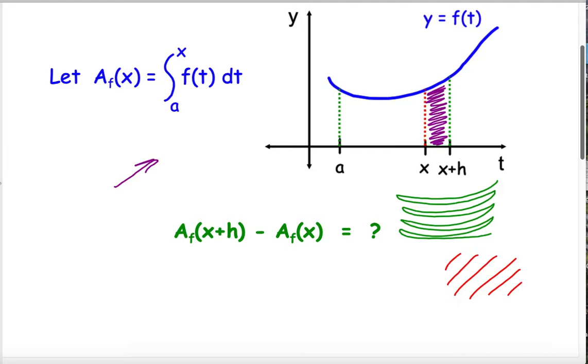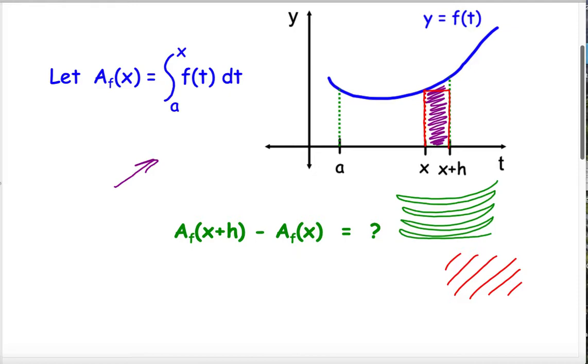So how am I going to do this? Well, I know that I can approximate using rectangles. So let's say, for example, that I decide to use a lower rectangle, and it'll just be one interval, and I want to go up to the function at x, and that'll be the height of my rectangle.